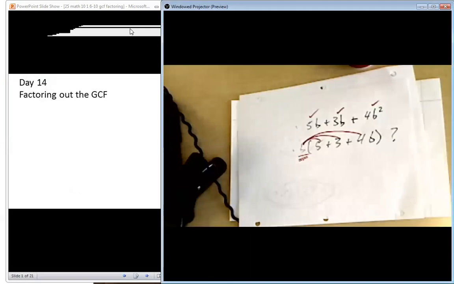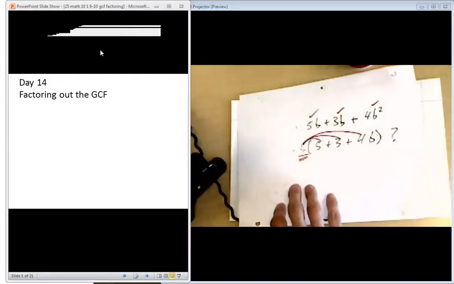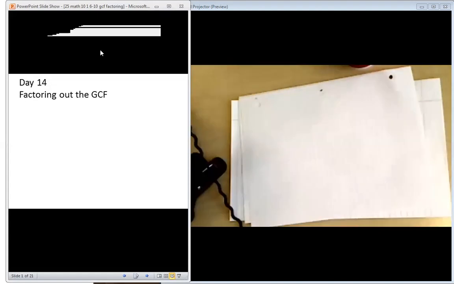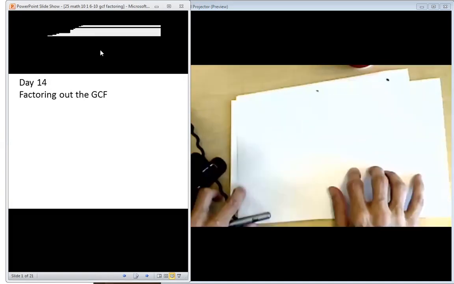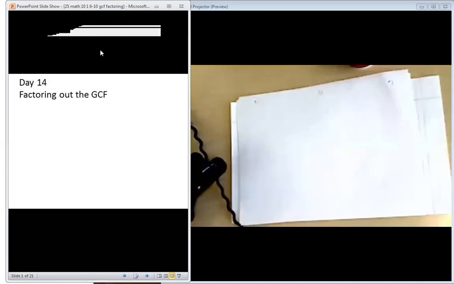So let's take a look at this topic and see how to do this today. You've got something that looks a little like this. Finding the GCF, that is the greatest common factor.